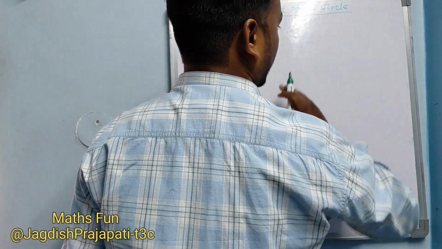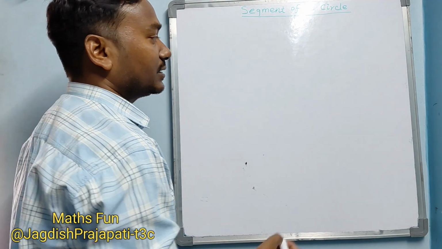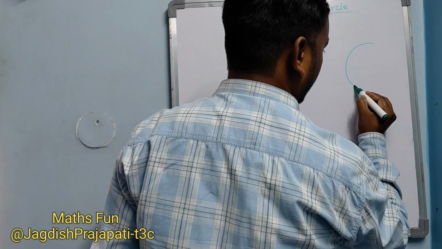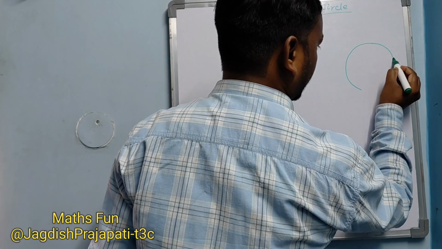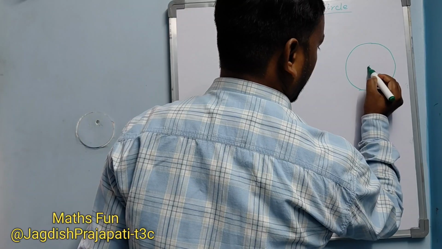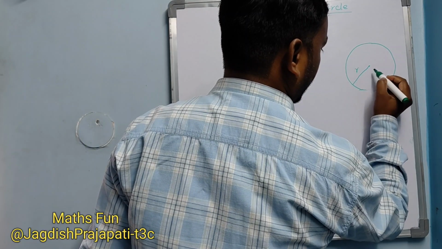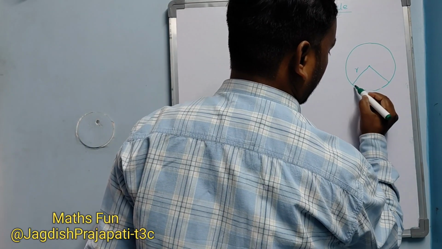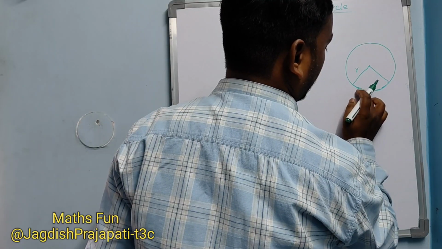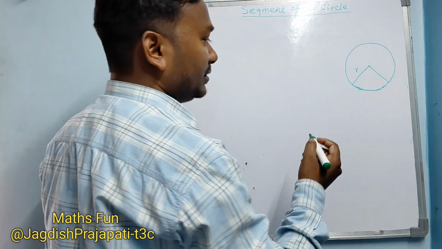So let us understand it. What is a segment of a circle? Let's say this is a circle with center O and radius R. Let AB be a chord.